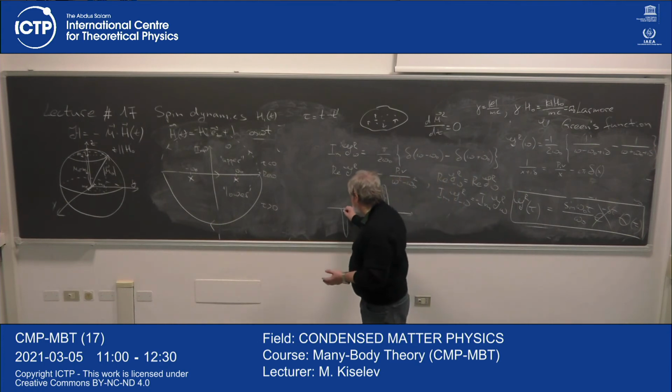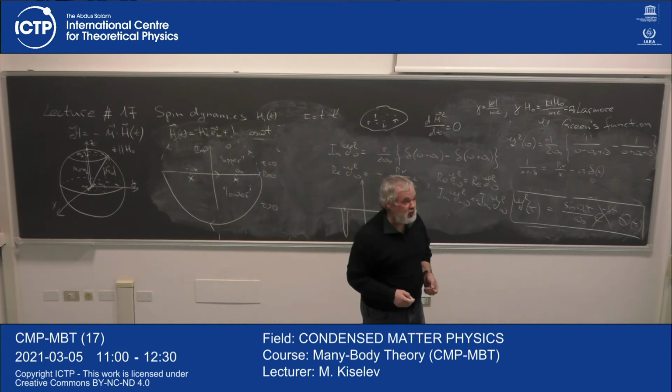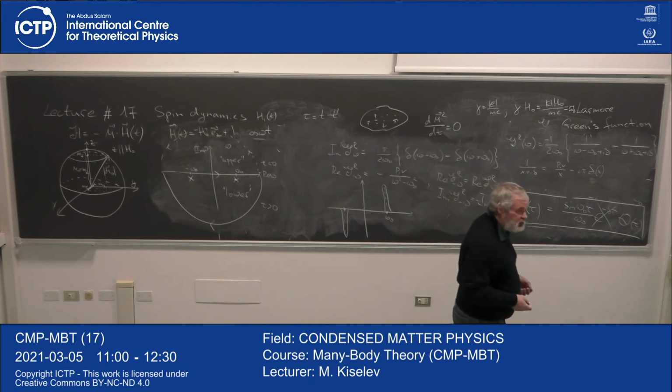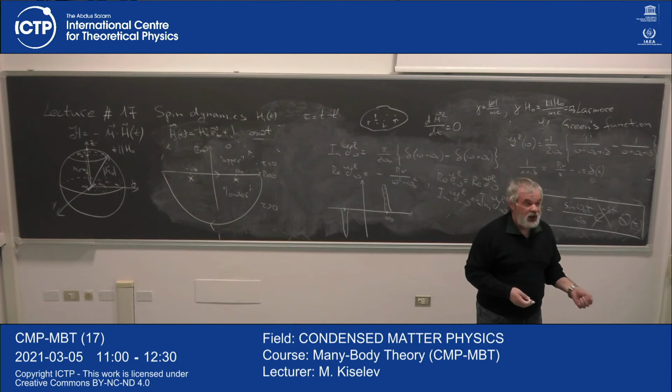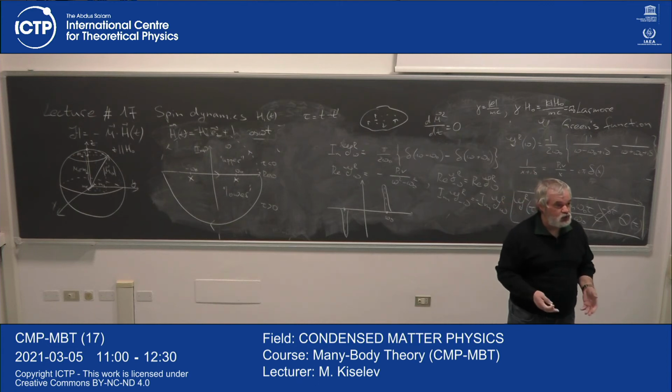This is basically what neutron experiments do. You measure the imaginary part of the susceptibility through the cross-section of neutron scattering. You can measure it as a function of Q and omega, and it gives you direct access to the excitations, magnetic excitations, but not only in your system.